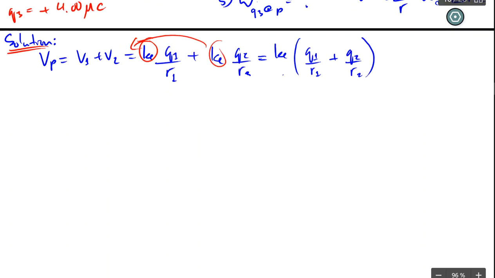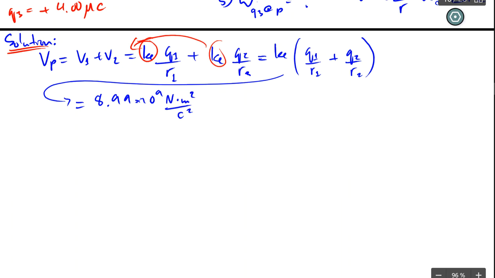So I'm going to move it over here and then plug in the Coulomb's constant. Don't forget the units. We're going to analyze the units later. Then let's take a look at the charges.